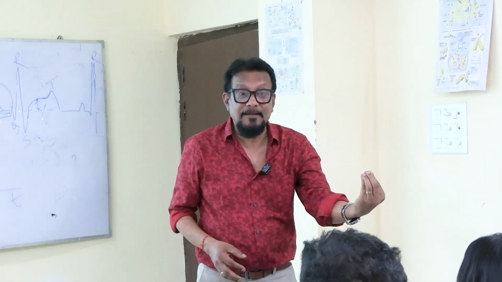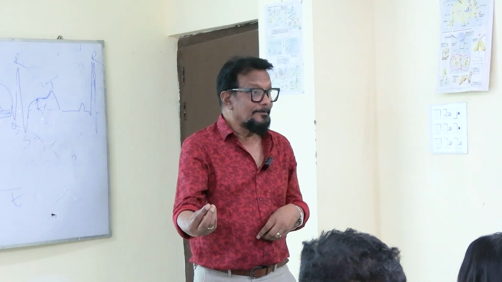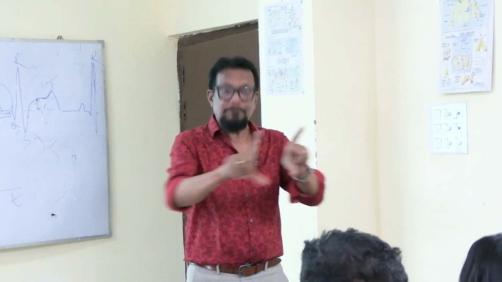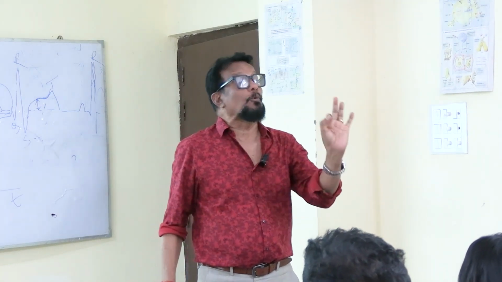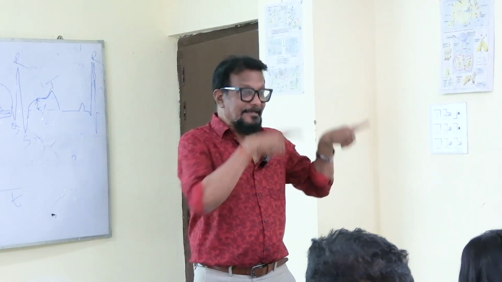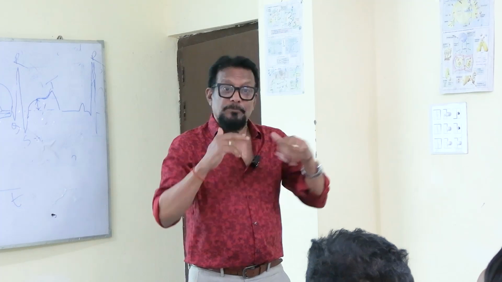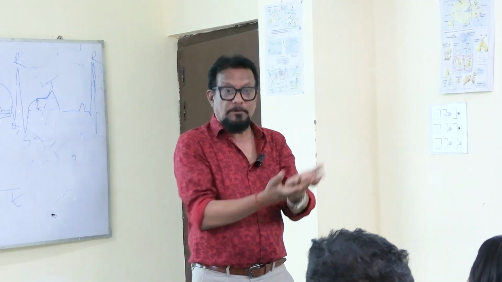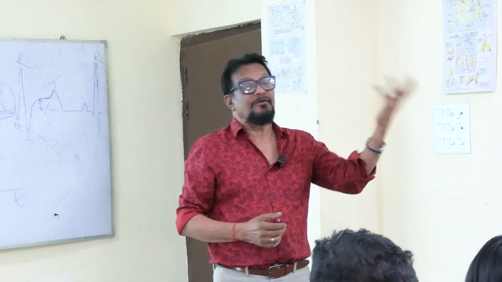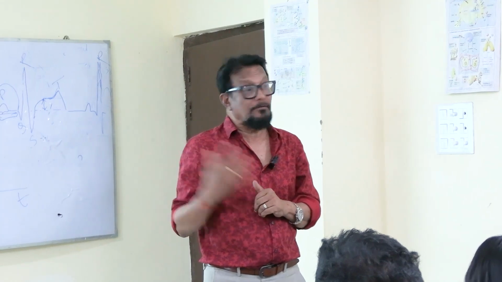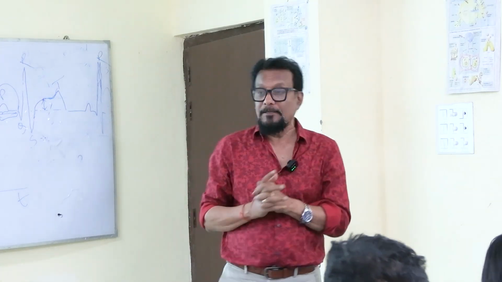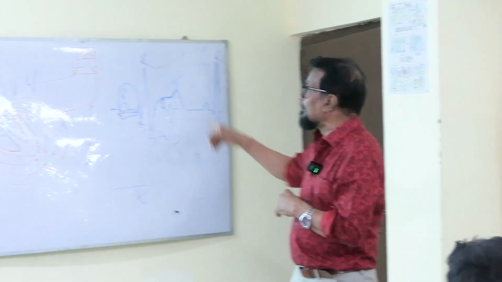It may be atrial, it may be ventricular. This sort of sudden beat which can be recorded in ECG is called an ectopic beat. Ectopic means from a different area other than the SA node, AV node, or bundle of His. It may be an atrial ectopic beat or a ventricular ectopic beat, also called extrasystole.